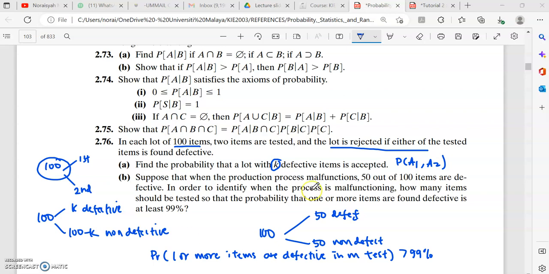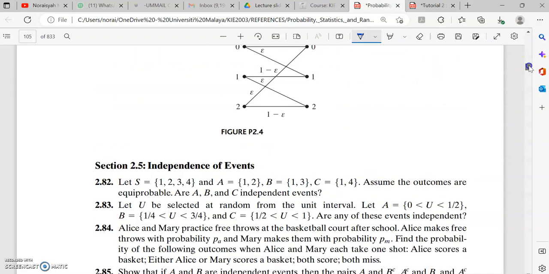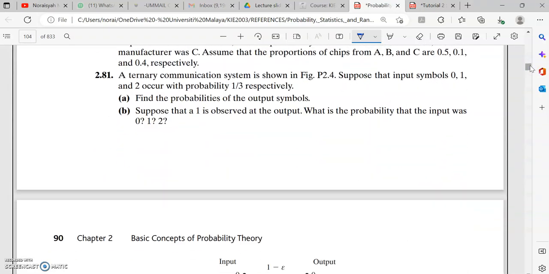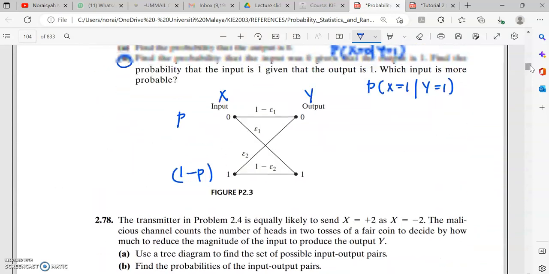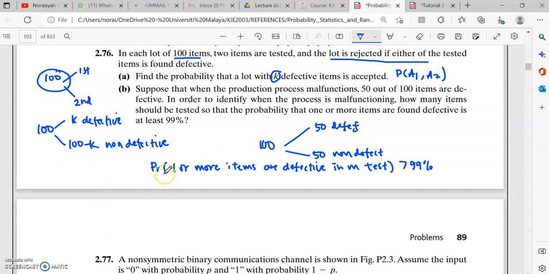So in other words, the probability that none are defective in M tests is less than 1%, because this is the conjugate of the first statement.